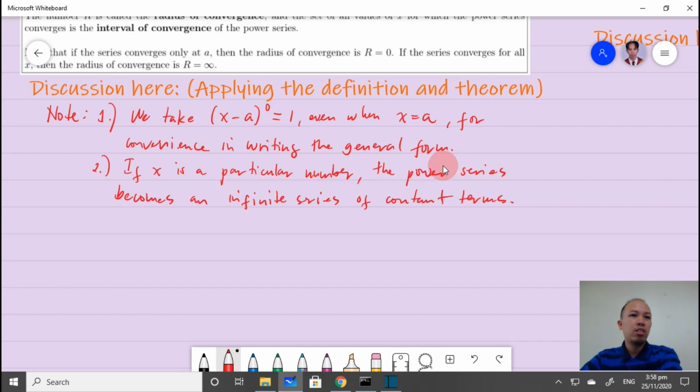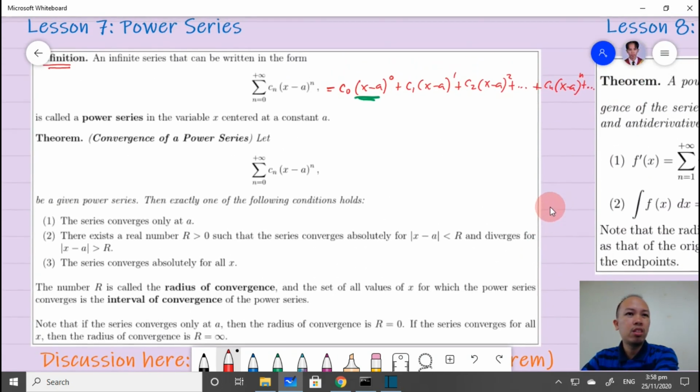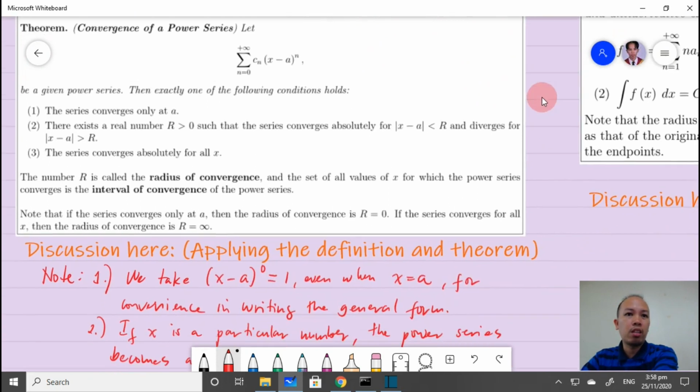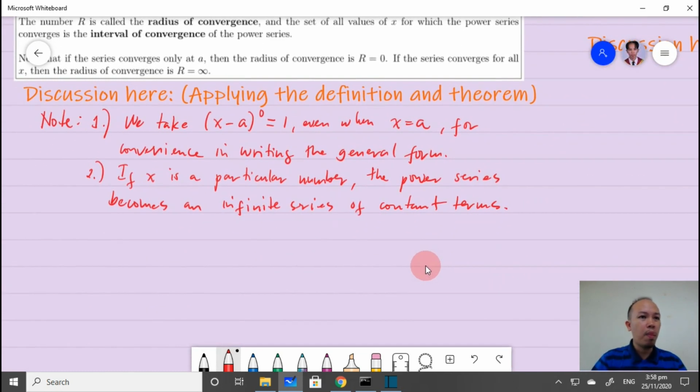Remember, if you look at the definition, if x and a are numbers, then it will become an infinite series of constant terms. So that's what we discussed last time, in lesson 2.